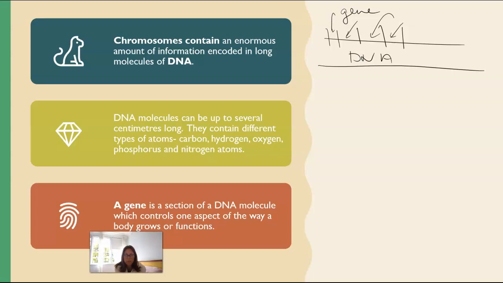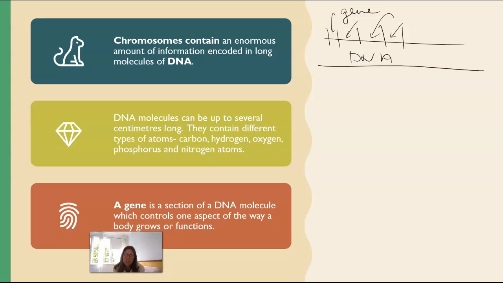So, chromosomes contain an enormous amount of information in our DNA. DNA molecules can be up to several centimeters long, and they contain a whole host of atoms: carbon, hydrogen, oxygen, phosphorus, nitrogen.